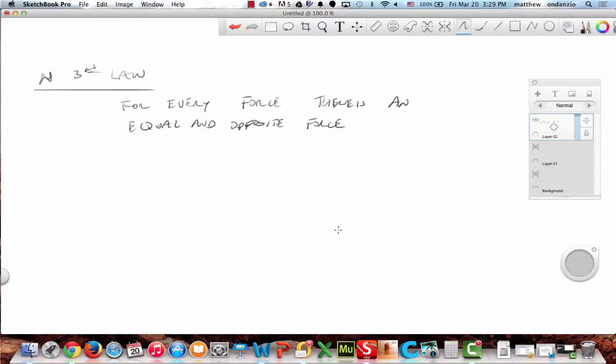If you have enough bonds, you can hold on. If you don't have enough bonds, what's going to happen? It's going to break. So that force at the atomic level is actually acting like a spring pushing back.